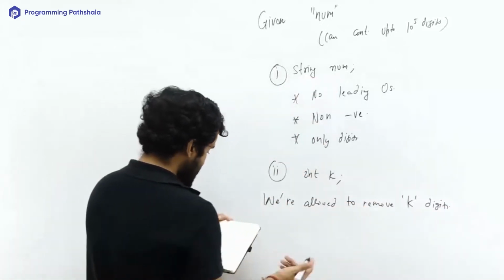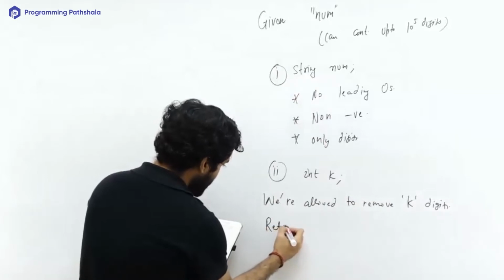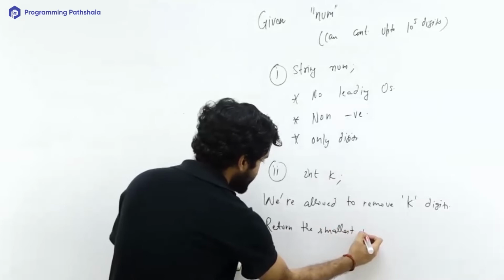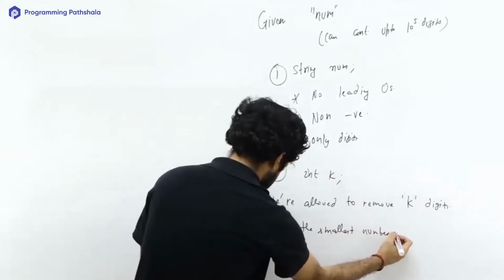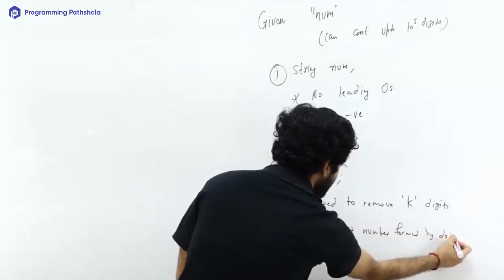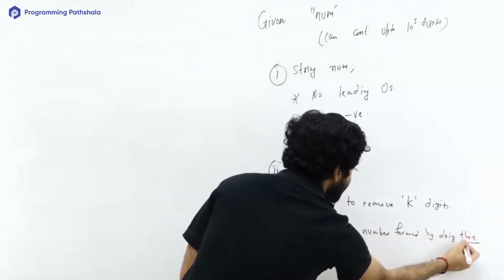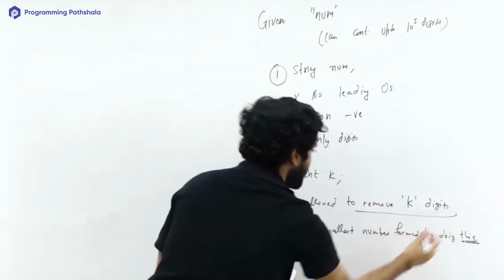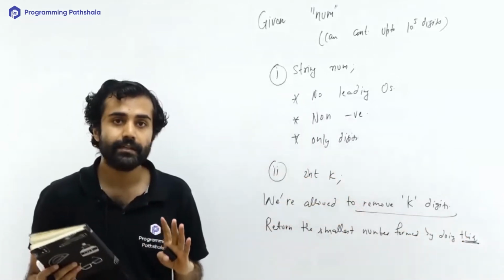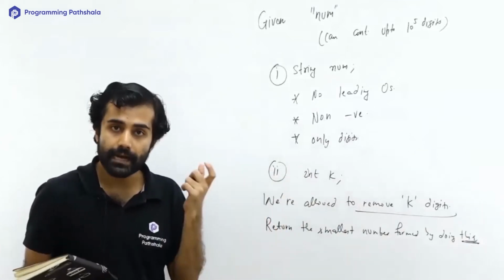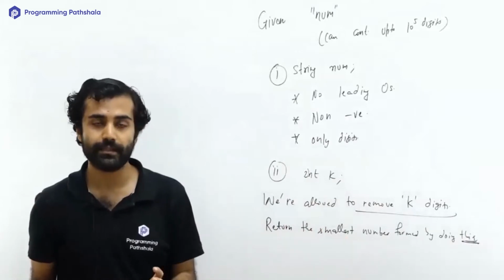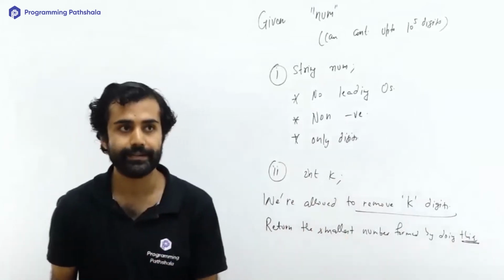What we have to do is return the smallest number formed by doing this. By this I mean to say this thing. So we are allowed to remove exactly k digits. After removing them, I should obtain a number that is smallest possible. That is what my target is.